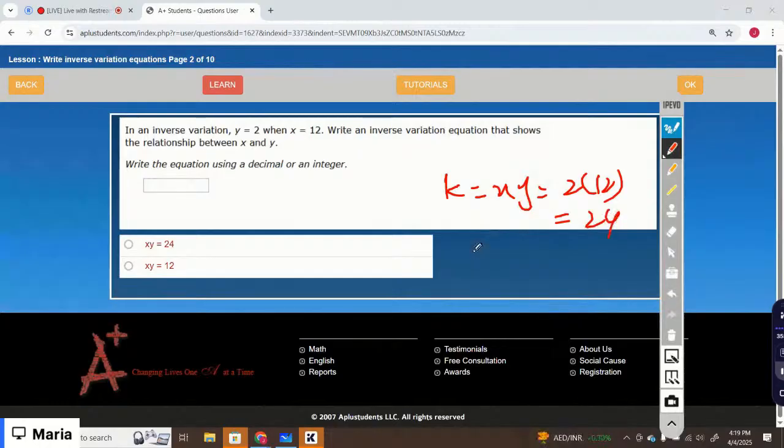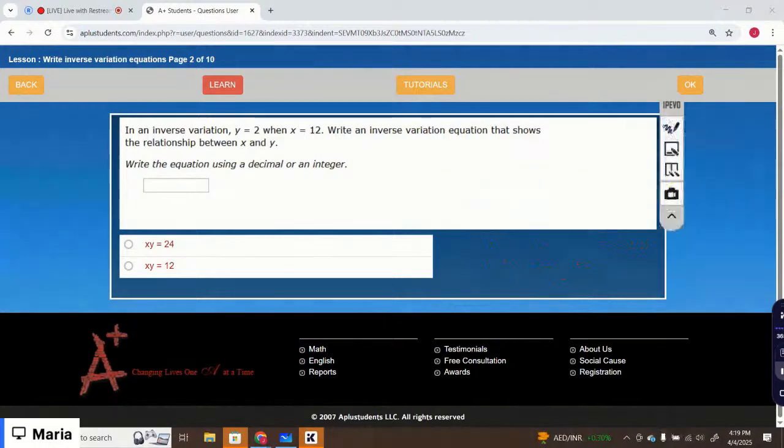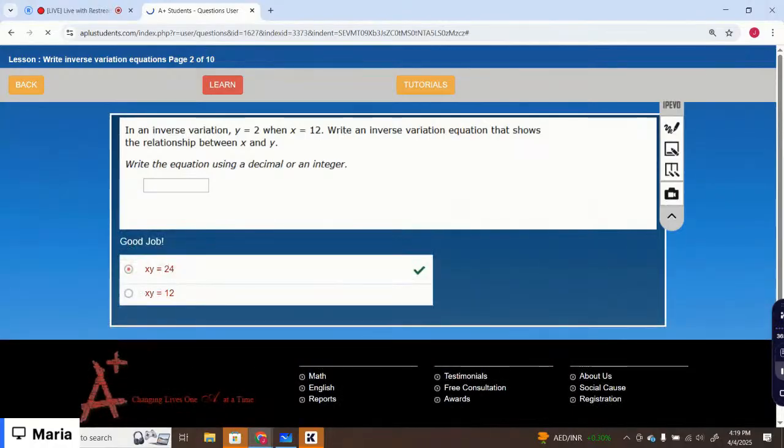So the equation is y equals k over x. K is 24. So the correct option is option number 1, that is xy equals 24. Option number 1 is the correct option.